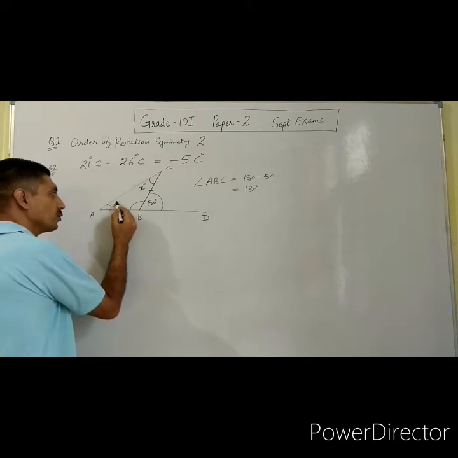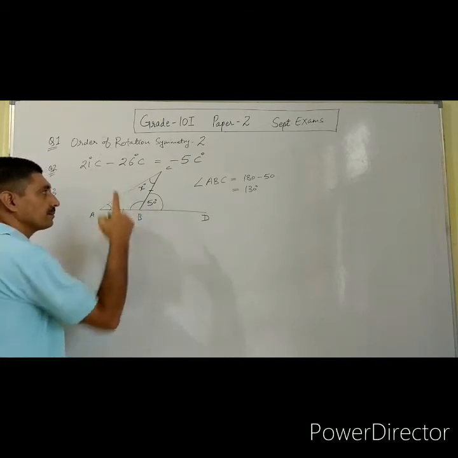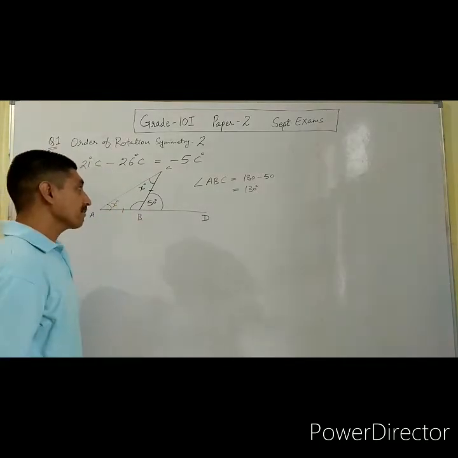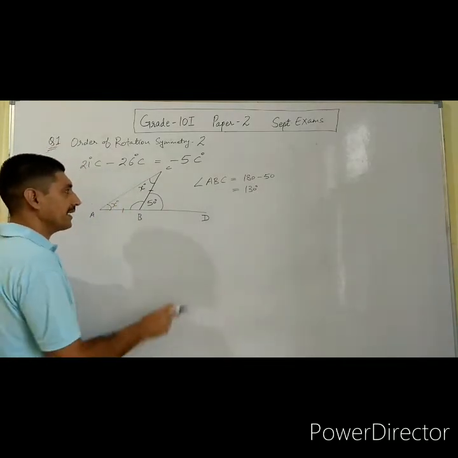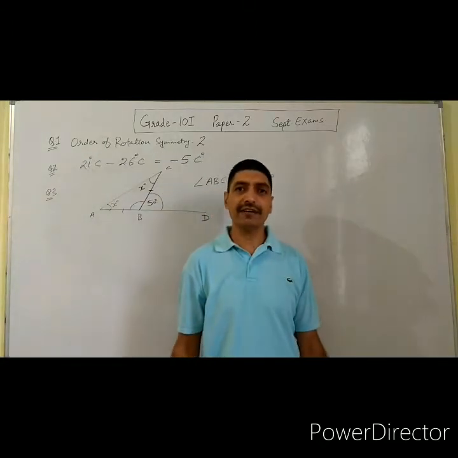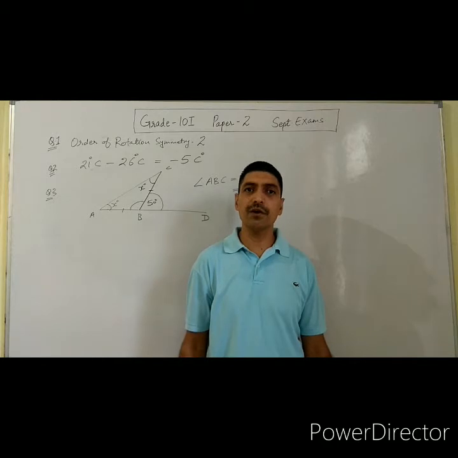So once this angle is 130 degrees, it is an isosceles triangle, so both base angles should be the same. And one more concept we can apply here, that the exterior angle of a triangle is always the sum of the two opposite interior angles.